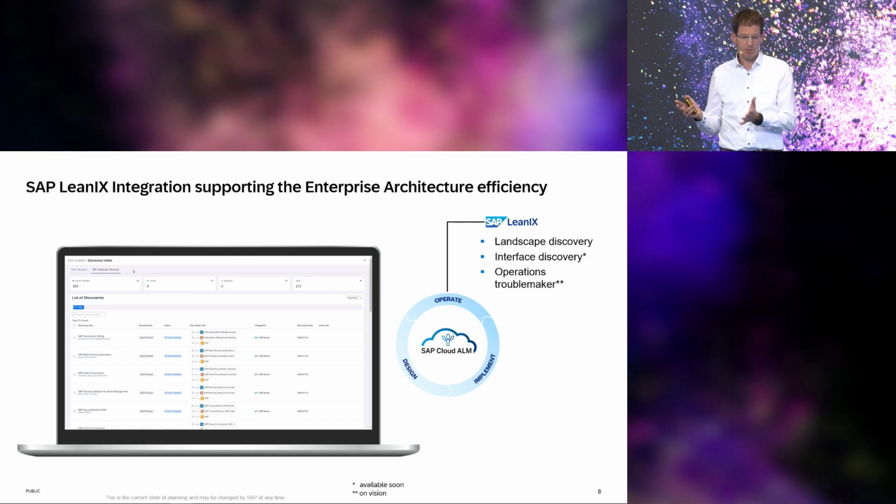So we will take that information, provide that to the LeanIX colleagues, and they will utilize this information to make the interface discovery maybe not fully automated, but at least having good hints on where you have interfaces in your landscape. So that's really something on the roadmap coming end of the year, beginning of next year.